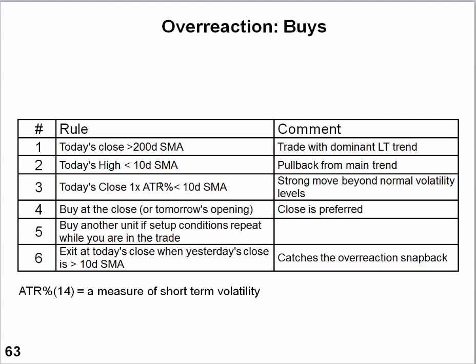Today's close is at least one ATR percentage less than the 10-day simple moving average. So what we have is a strong move that goes beyond normal volatility levels. And so we'll either buy at the close or buy tomorrow's opening.